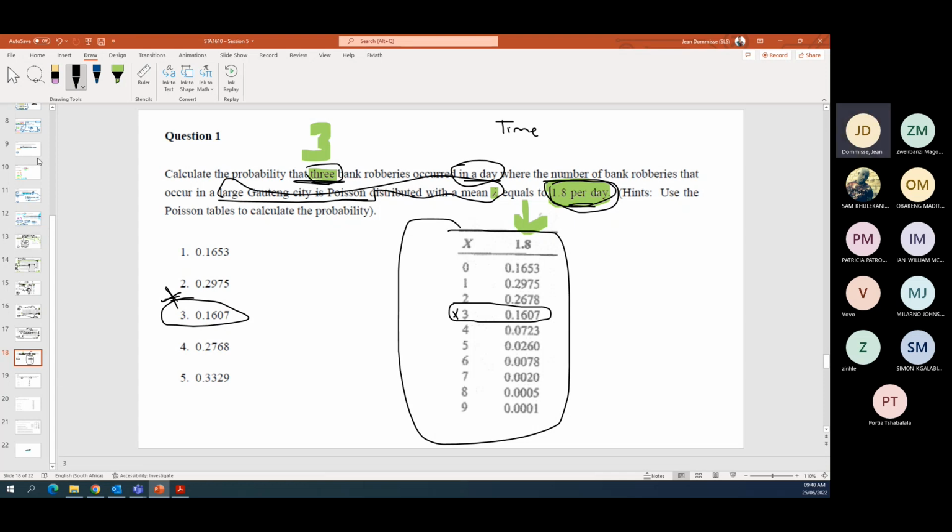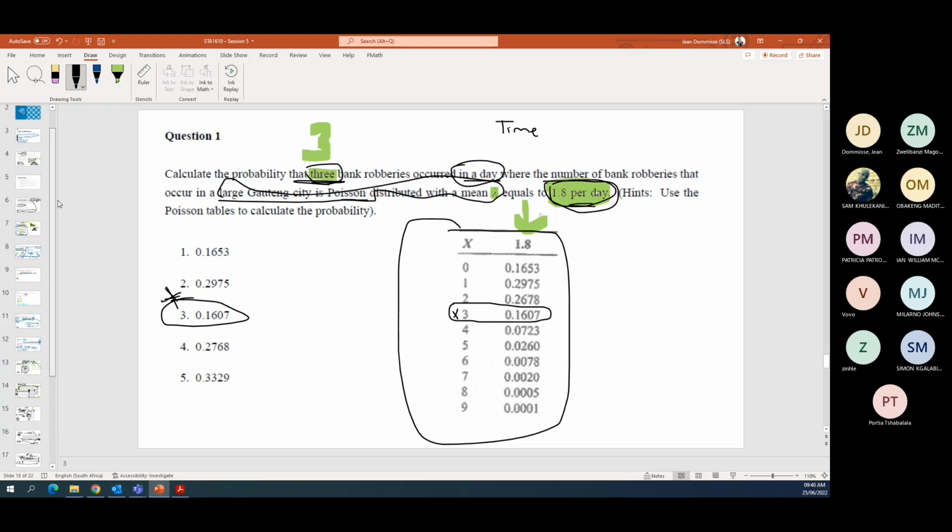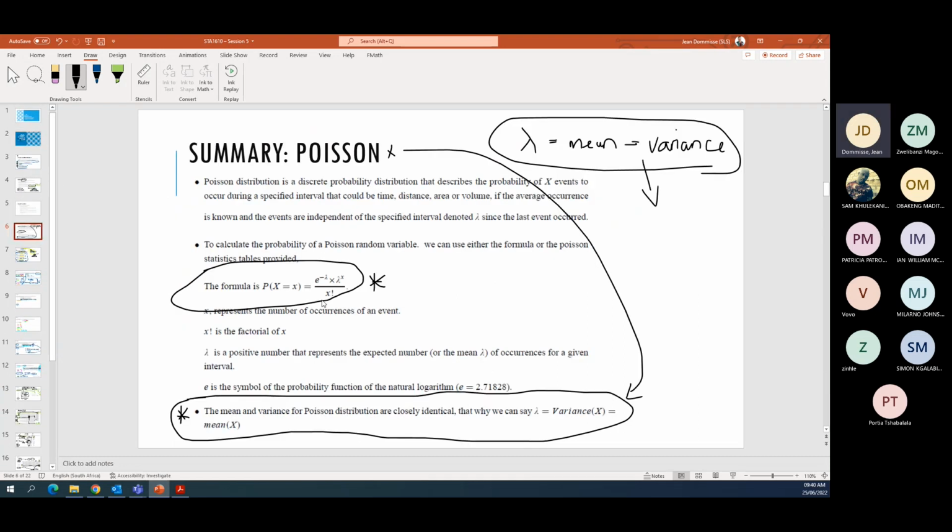Again, I would not want to do that one question in the study guide where you need to suddenly work with a formula, because if I now need to work out this question with 1.8 on a calculator, it will take you probably plus minus 2 minutes.